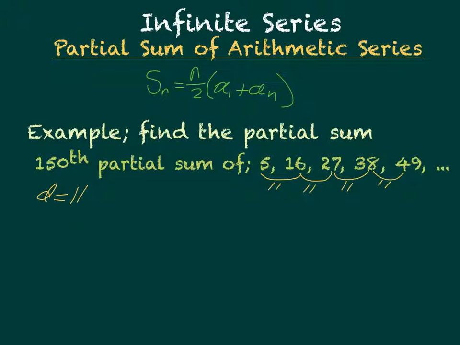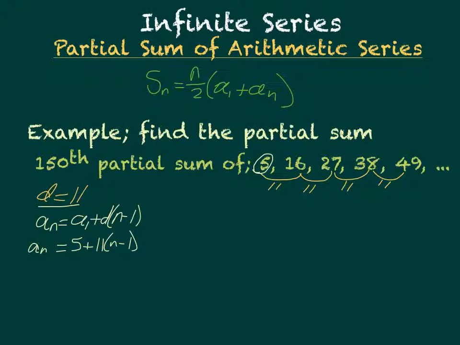Now, if we remember back to our arithmetic series, which you have to know, a sub n equals a sub 1 plus D times n minus 1. So if I put in what I know, a sub n equals a sub 1, which is 5, because that is my first term, plus 11, because that is my D, times n minus 1.